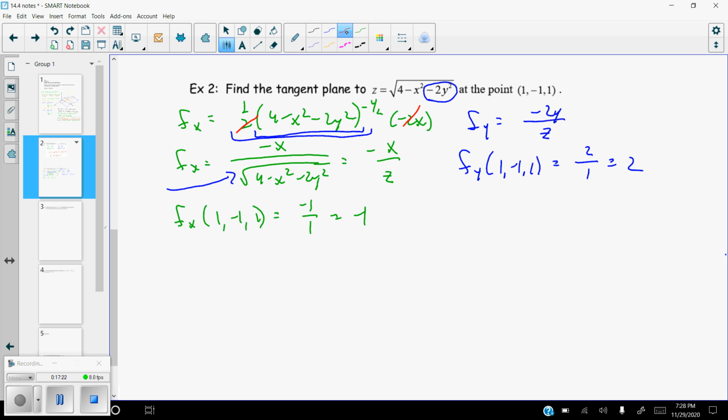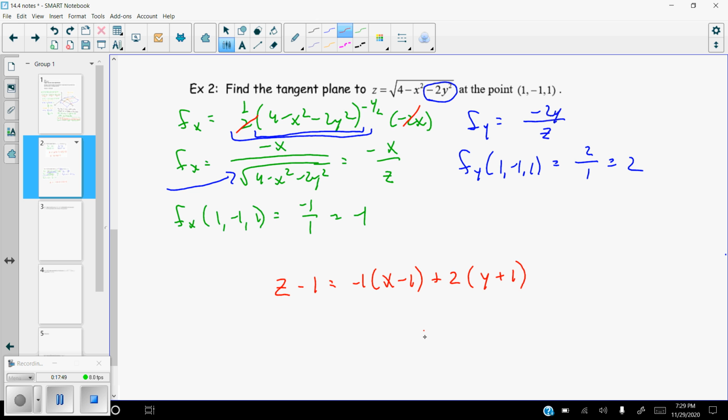All right, so now let's go ahead and write the equation of the tangent plane, which is the easiest part. z minus z naught equals the first slope with respect to x, which is negative 1, times x minus x naught, x minus 1, plus the slope with respect to y, which is 2, times y minus y naught, y minus minus 1 is y plus 1.